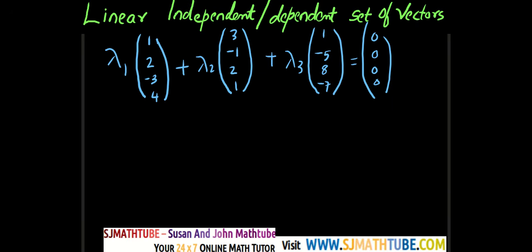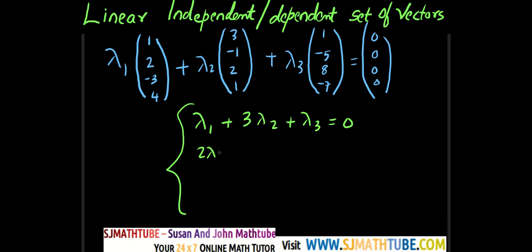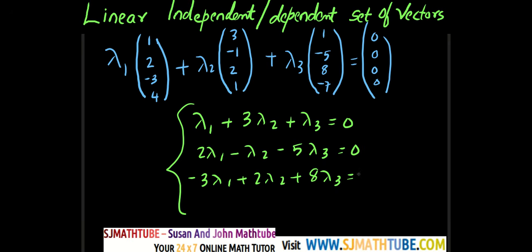And that gives me 4 equations. So that will be lambda 1 plus 3 lambda 2 plus lambda 3 is equal to 0, 2 lambda 1 minus lambda 2 minus 5 lambda 3 is equal to 0, minus 3 lambda 1 plus 2 lambda 2 plus 8 lambda 3 equal to 0, and finally 4 lambda 1 plus lambda 2 minus 7 lambda 3 is equal to 0.